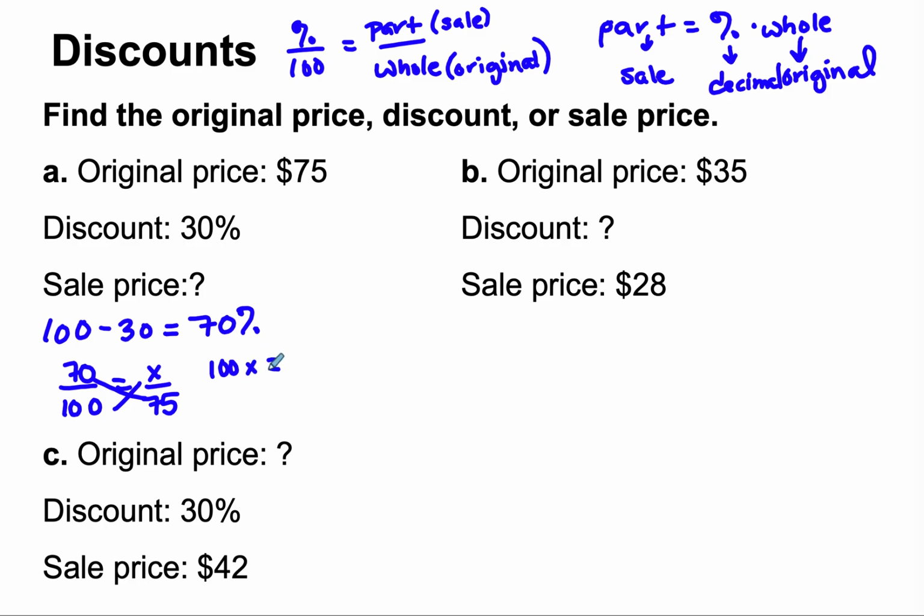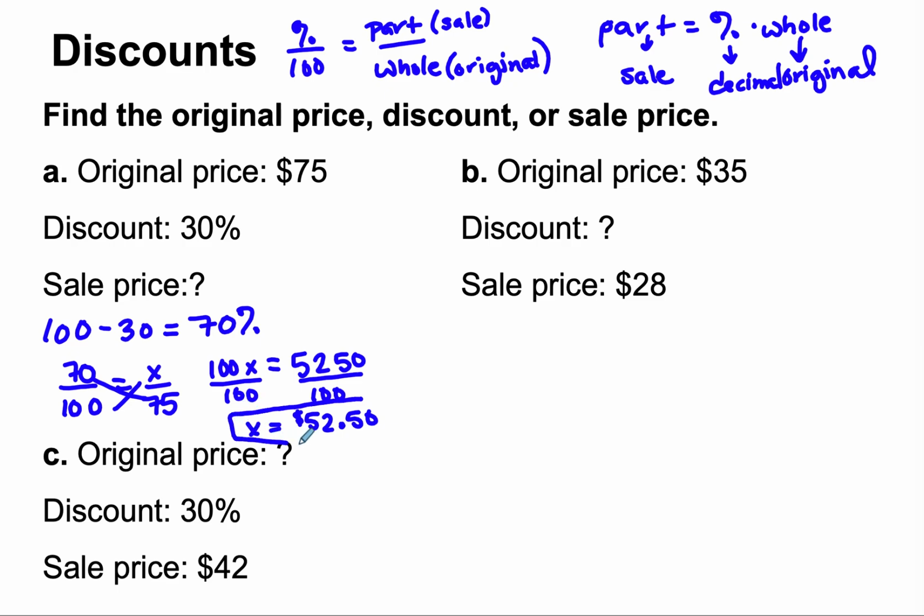Then I need to do 70 times 75, which I get 5,250. Then I have to get x by itself, so I divide both sides by 100. And I get x equals $52.50.